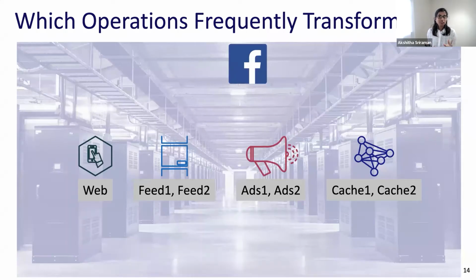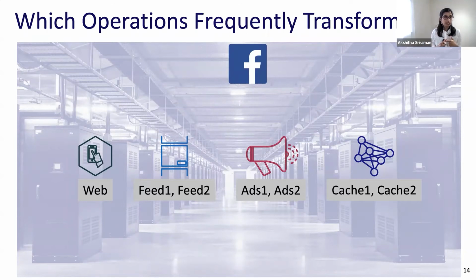To answer this first question of what types of data center operations frequently transform data and consume the most cycles across the global server fleet, we started off by characterizing 7 important Facebook production microservices, which are some of their heavy hitter services and run globally across their data center fleet.